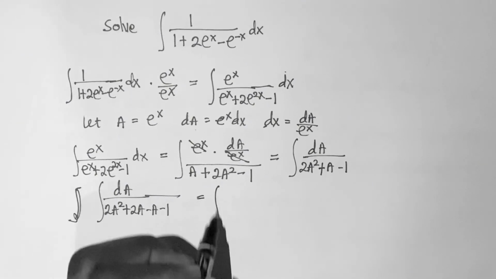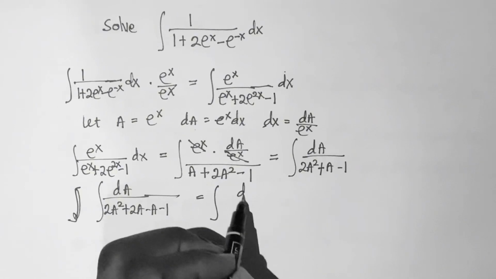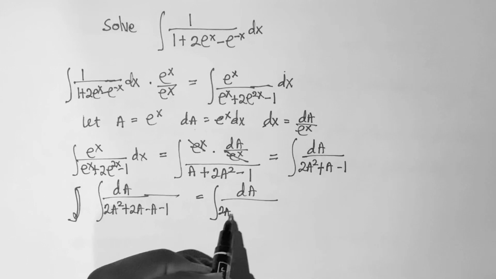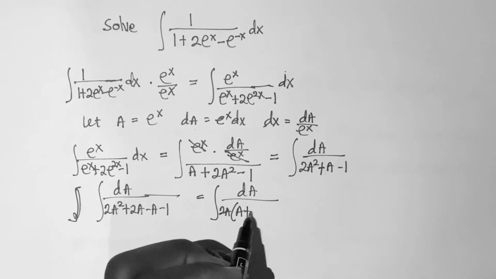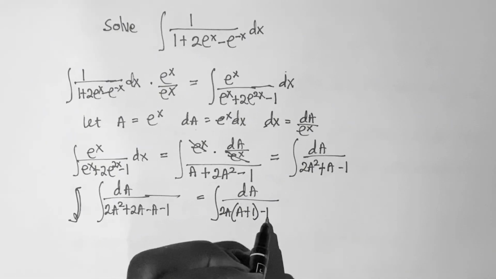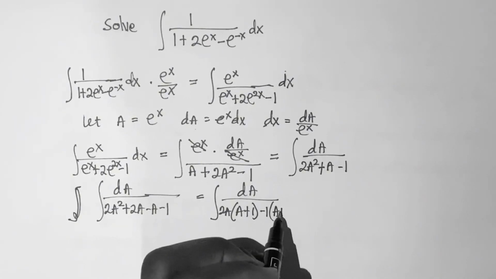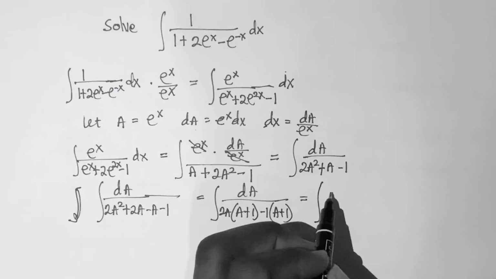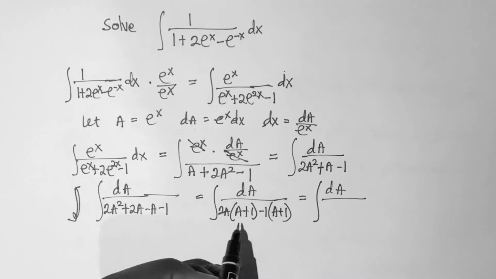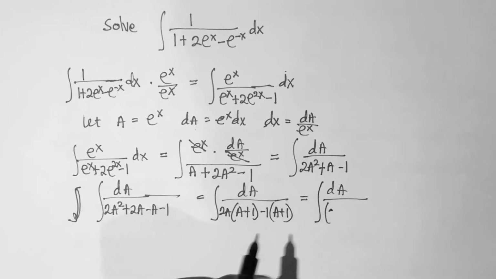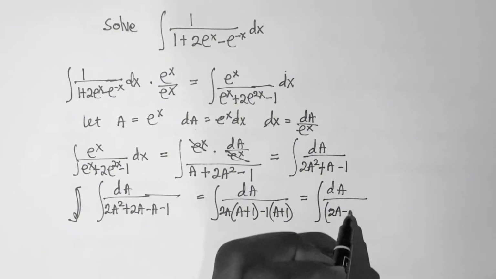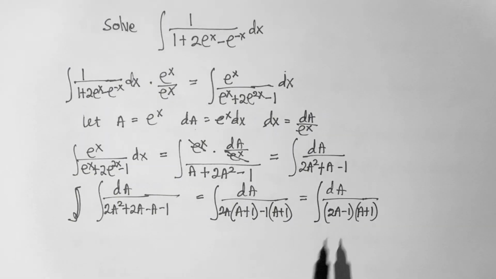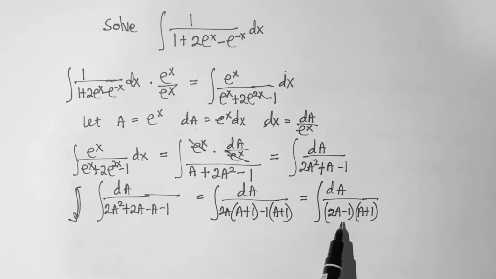And this is equal to the integral of dA divided by, and let's factorize 2A out, 2A times A plus 1 then minus 1 times A plus 1. So this becomes the integral of dA divided by one bracket 2A minus 1 times another bracket A plus 1. So you see that now this is in a form that we are familiar with.